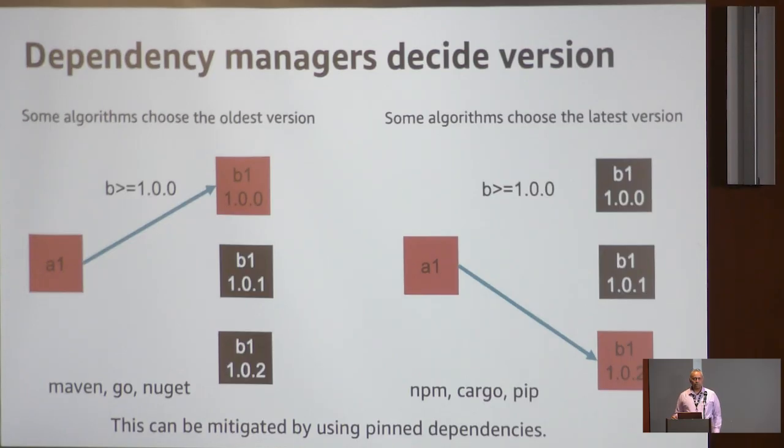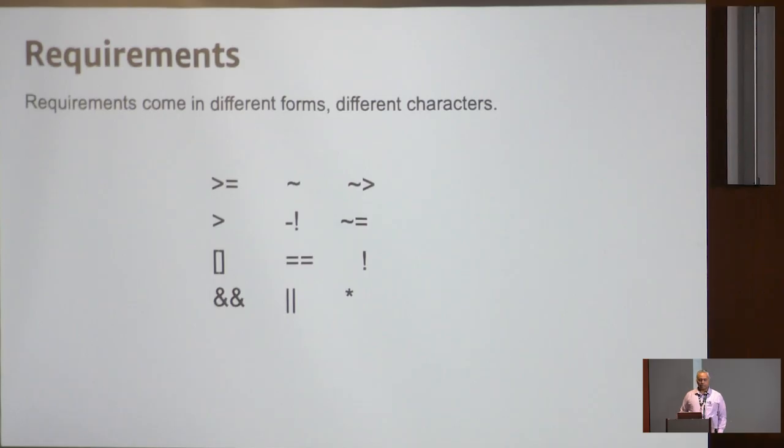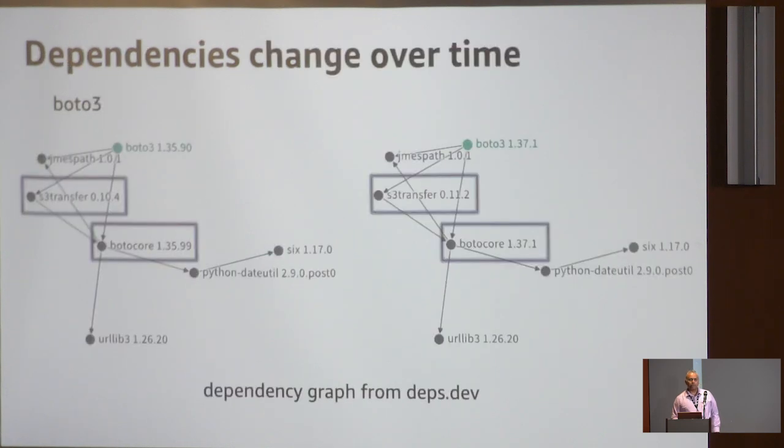Whereas if you are going with npm, cargo or pip, you are going with the latest version, and the latest version may change whenever there is a newer dependency, and whatever that dependency management may have decided on their end. Dependencies come in different forms. You specify what dependency you are going to use with lots of different characters. Every package manager or dependency manager may have their own dependency characters.